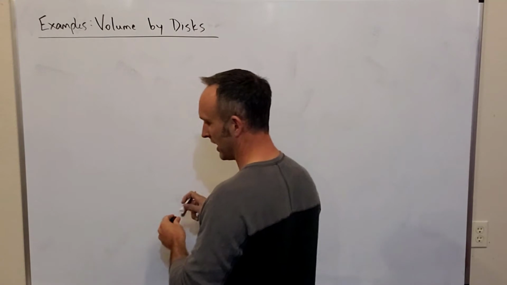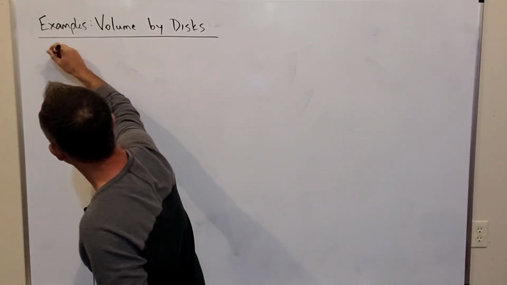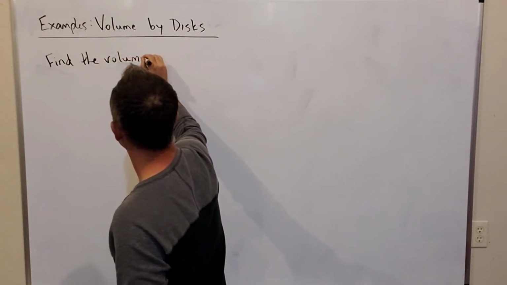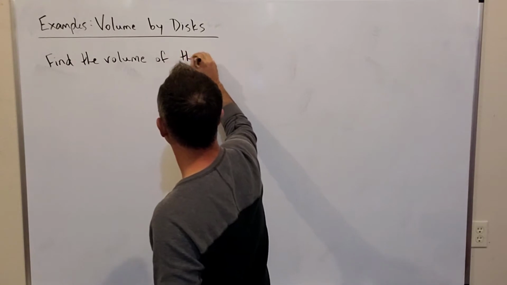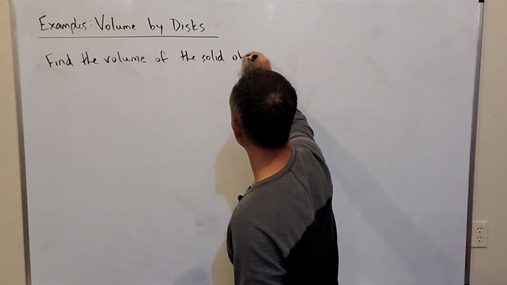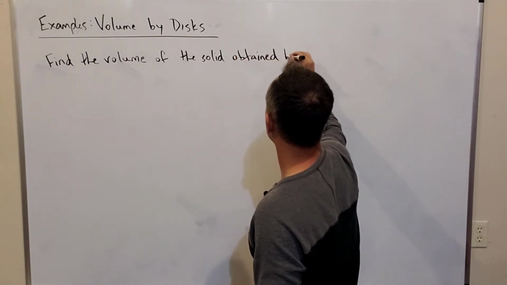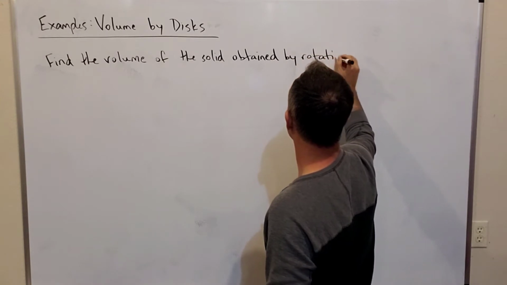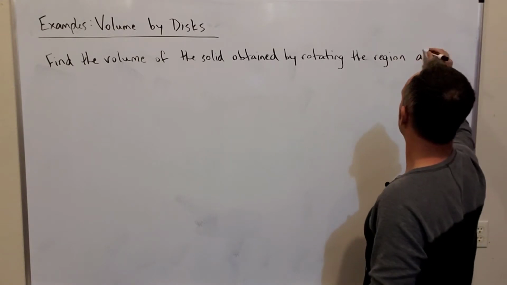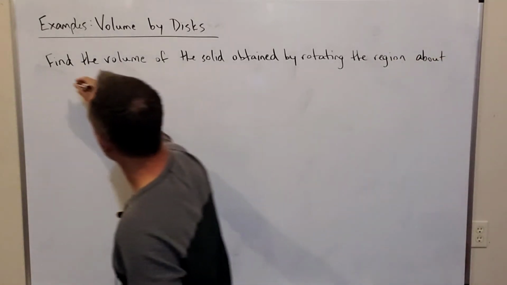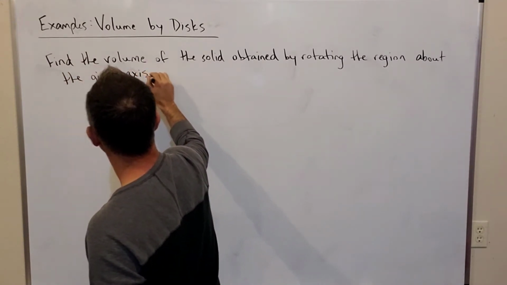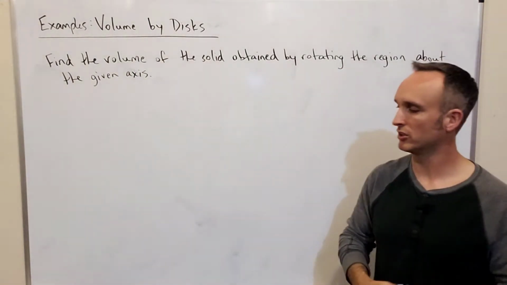So the first example we'll look at is to find the volume of the solid obtained by rotating the region about the given axis. So those will be the instructions for every example in this video, so I'll just reuse those.